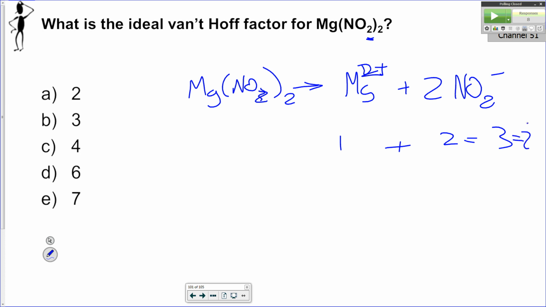So I expect it to be 3 with this. Okay. So as long as you understand how ionic compounds dissociate, that always tells you your theoretical value. You just add together the total number of cation and anion particles, and we get our solution.